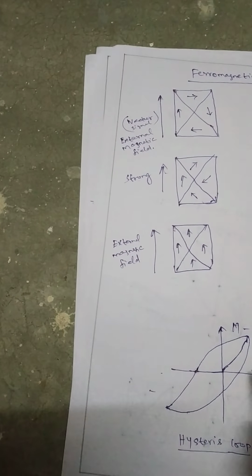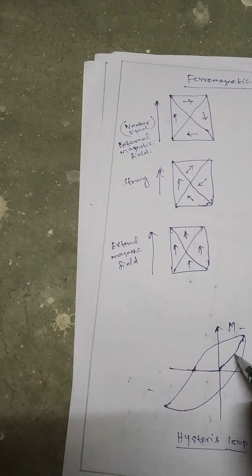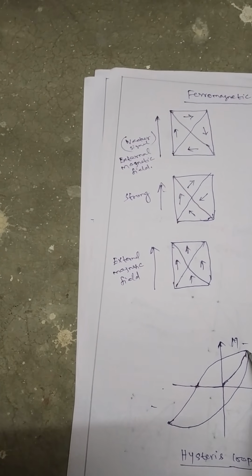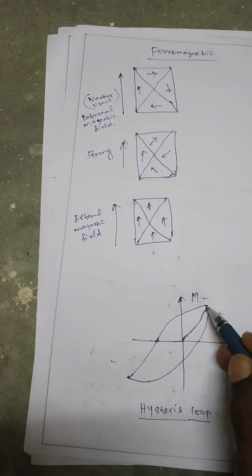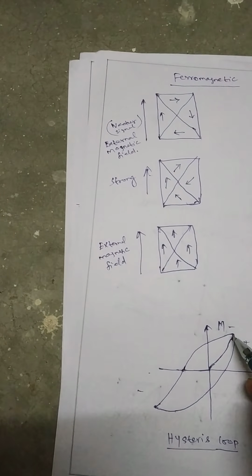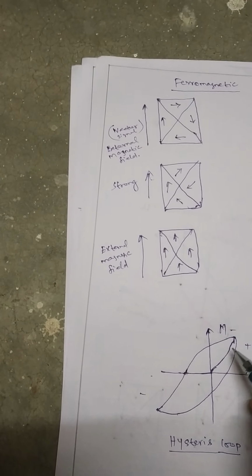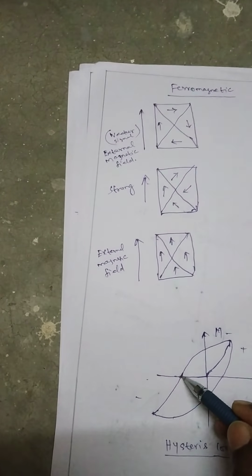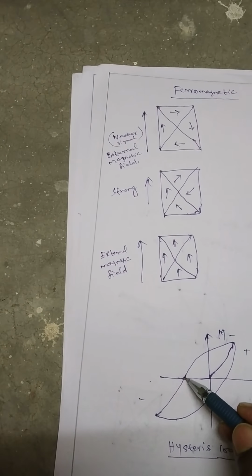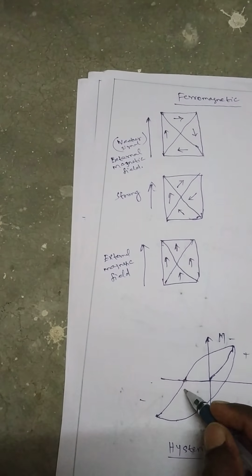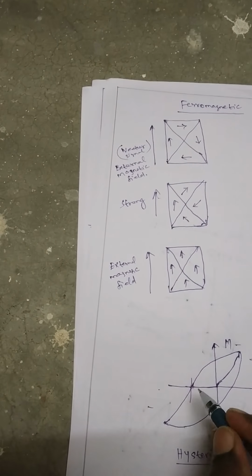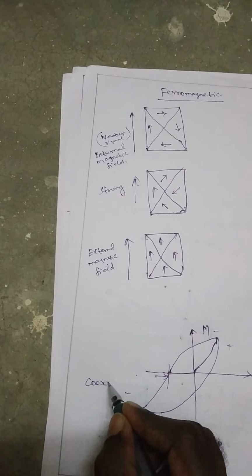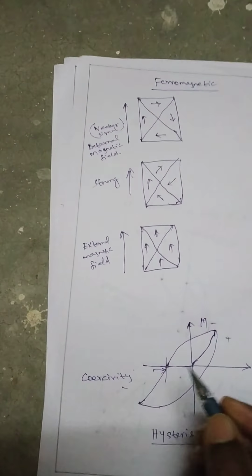Okay, first we take this point. We see that if we increase the magnetic field, the magnetism also increases. Here it reaches the saturation limit. Then if we start to reduce the magnetic field, the magnetism reduces again. At this point, the magnetism becomes 0. So this point is known as coercivity.